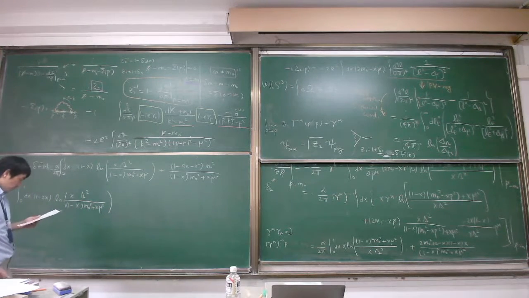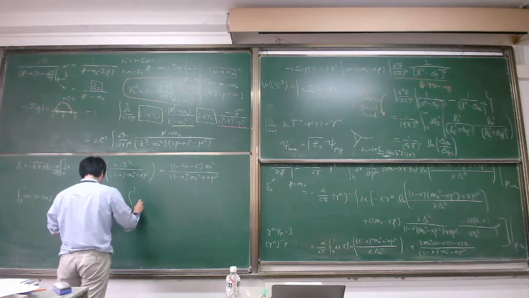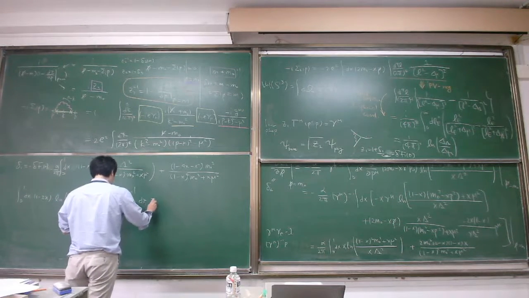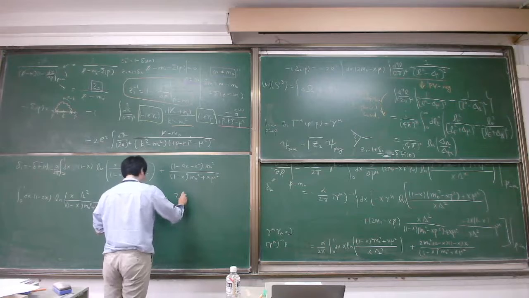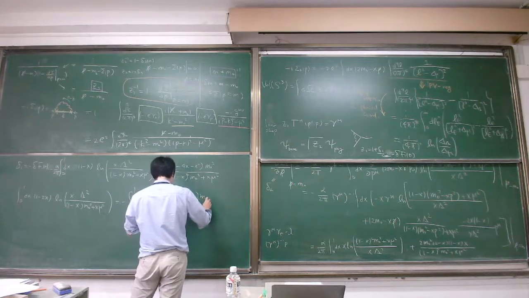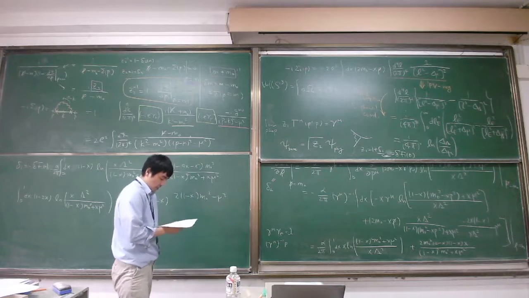If you perform this integral, what we have is minus 0, 1 dz. Sorry, my variable is x now. 2, 1 minus x, and 0 square, and square. I think.